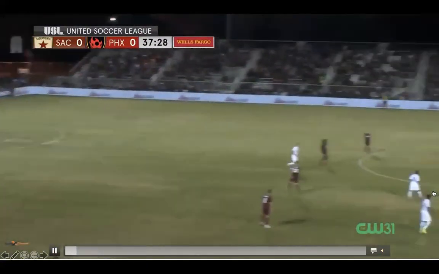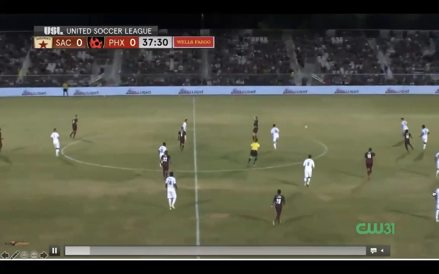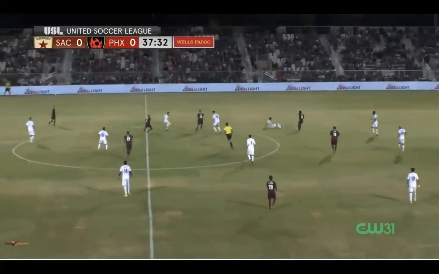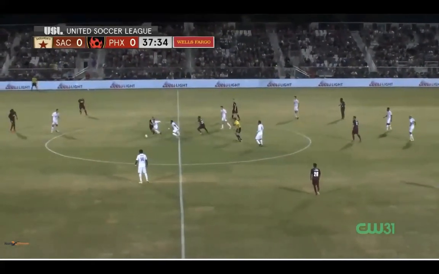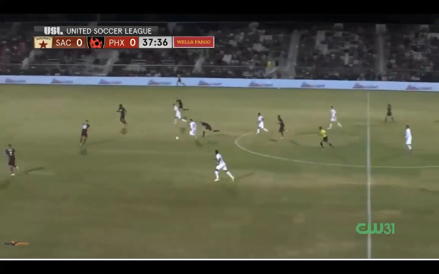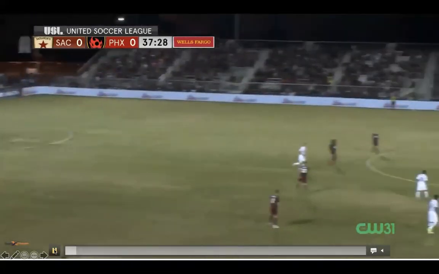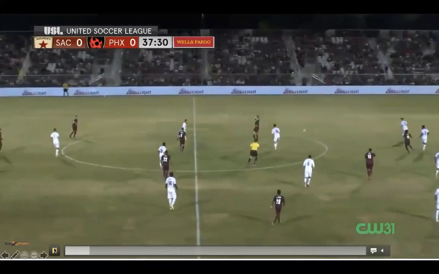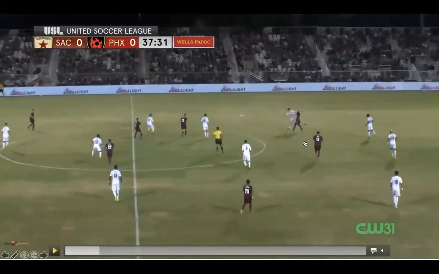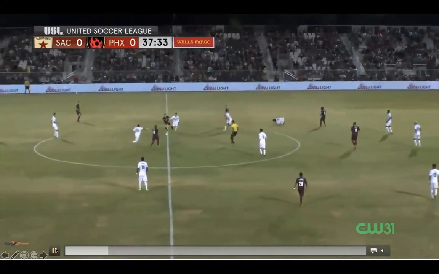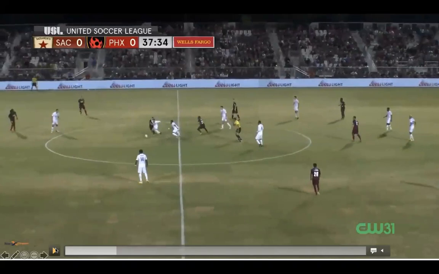Another wait and see. So this is a good one in that at this moment back here on the aerial challenge, we have a foul here. Referee thinks about it for a second, waits.